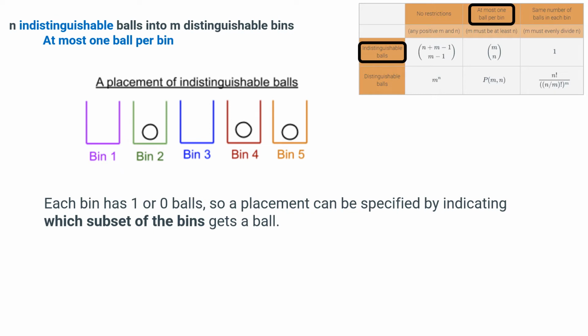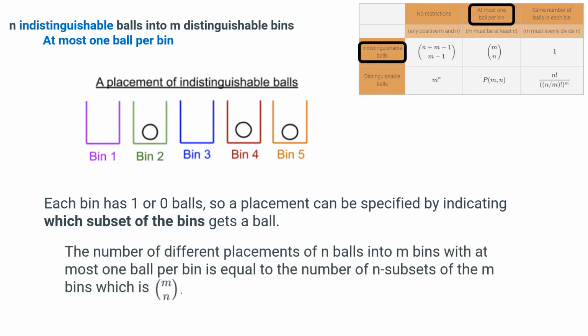So it's going to be an M choose N situation. We've got M bins, and I need to choose N of them in which to put the balls, one ball each. So the number of different placements of N balls into M bins with at most one ball per bin is equal to the number of subsets of the M bins, which is M choose N. That gives us that formula up there.